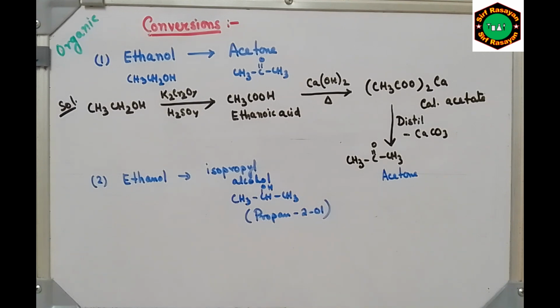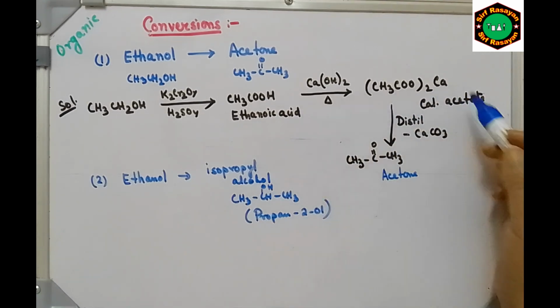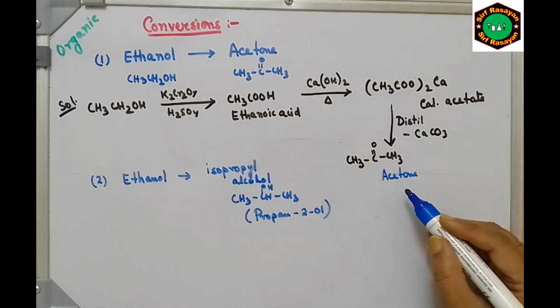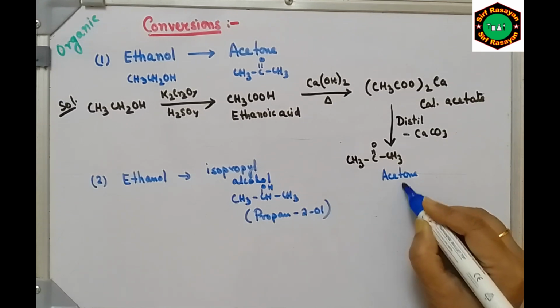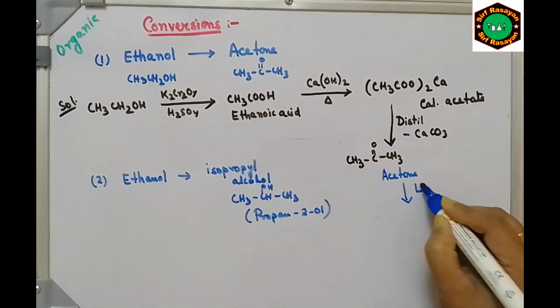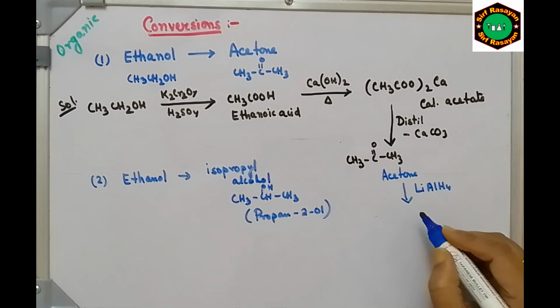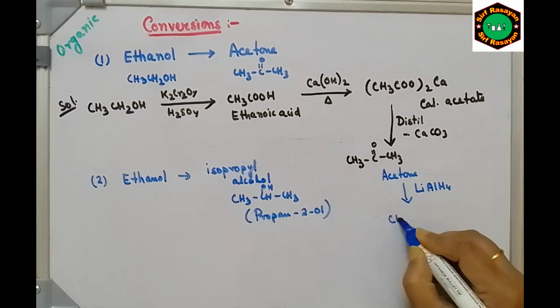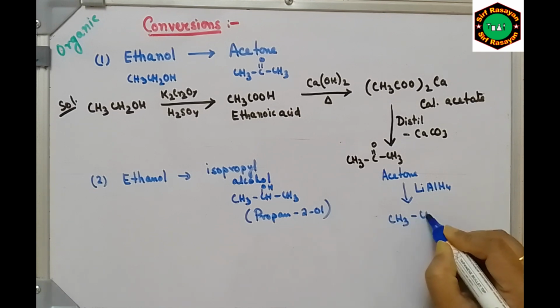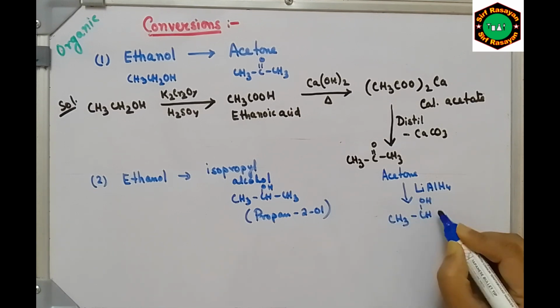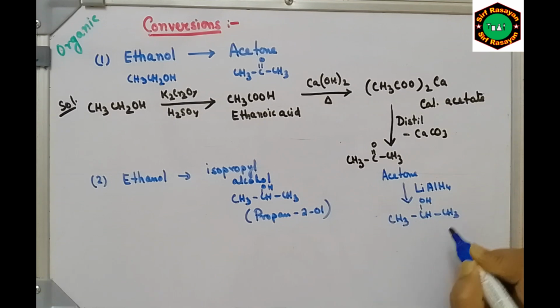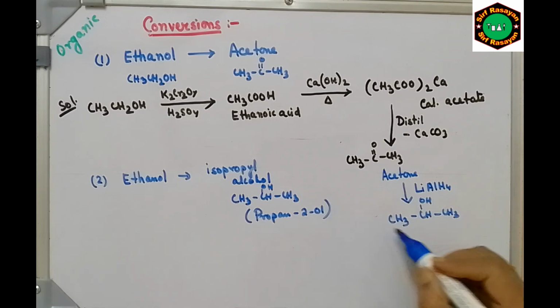How to prepare? Now see here, in this conversion till acetone we are getting from ethanol. If you treat this with a strong reducing agent, lithium aluminium hydride, what will happen? CH3CHOHCH3. This is nothing but propan-2-ol.